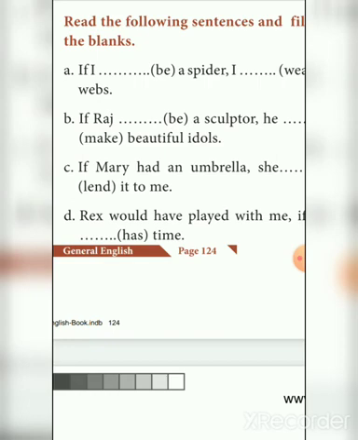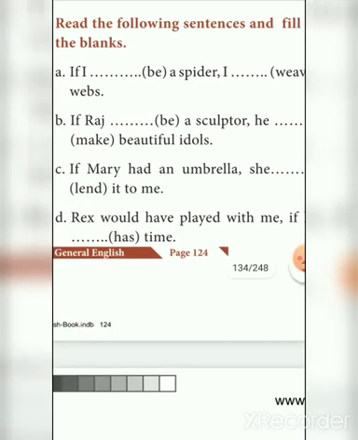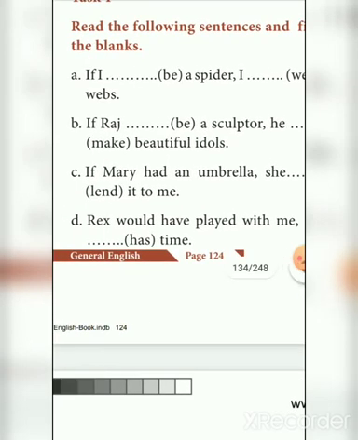If Raj were a sculptor, he dash make beautiful idols. So, the answer is, if Raj were a sculptor, he would make beautiful idols.